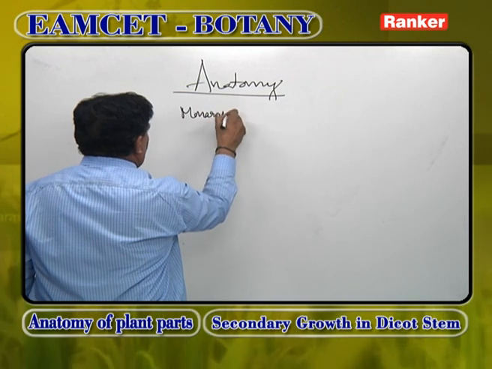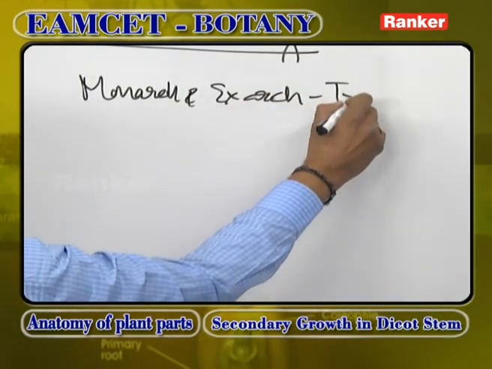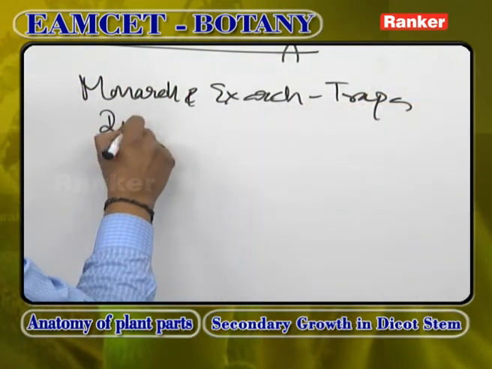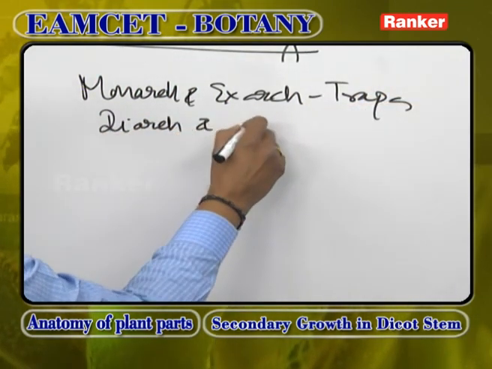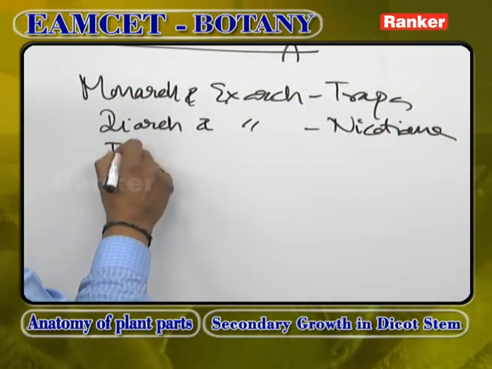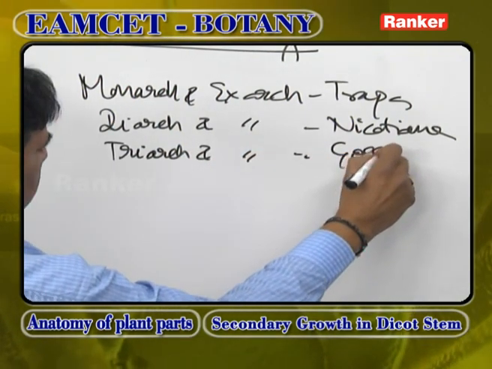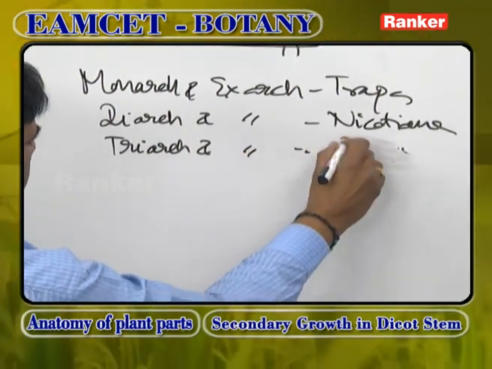Monarch and exarch, in dicot root, it will come in Trapa. Diarch and exarch, Nicotiana. Triarch and exarch, Pisum.